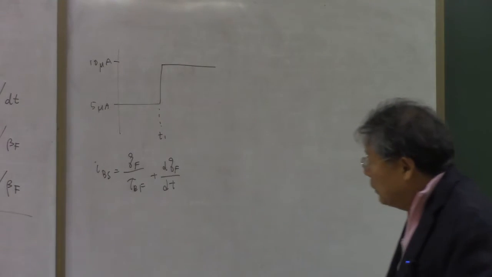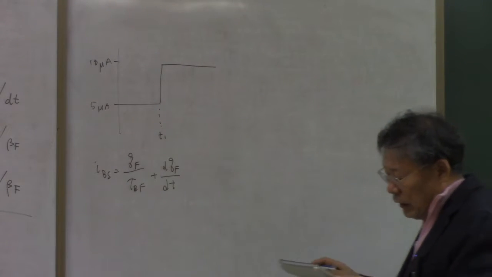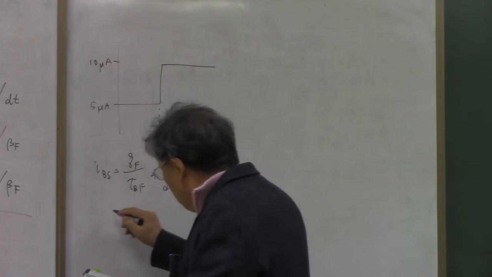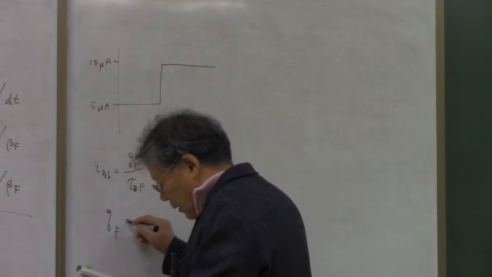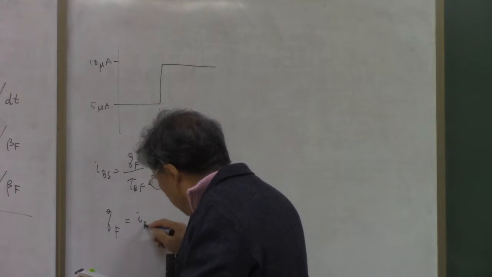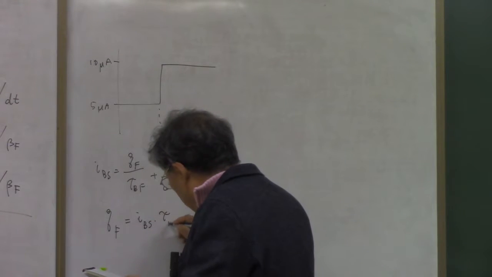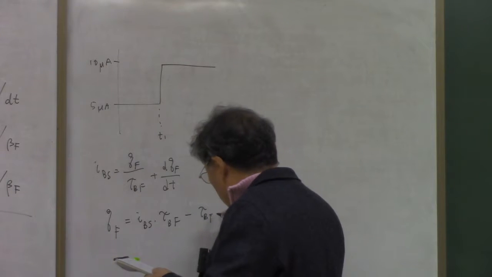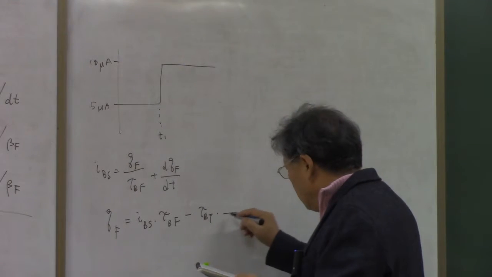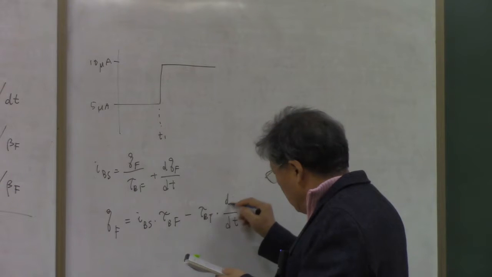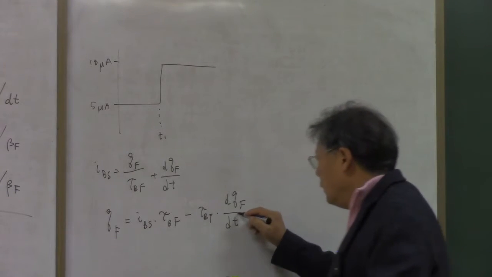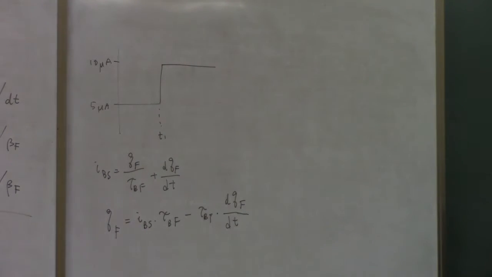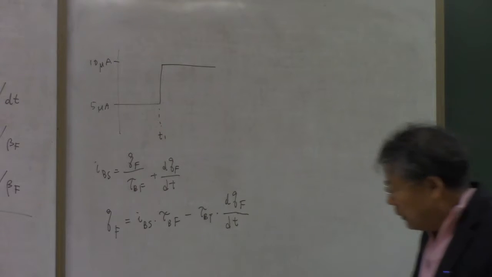And then we solve this first-order differential equation in terms of QF. Okay, QF is IBS tau BF minus tau BF dQF over dt. That is the solution of this first-order differential equation.